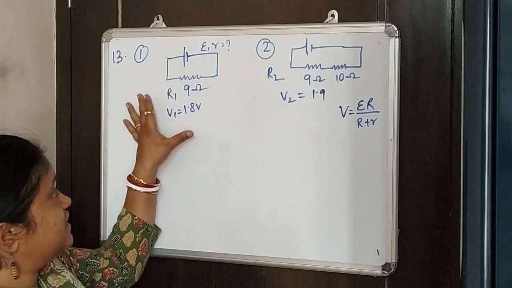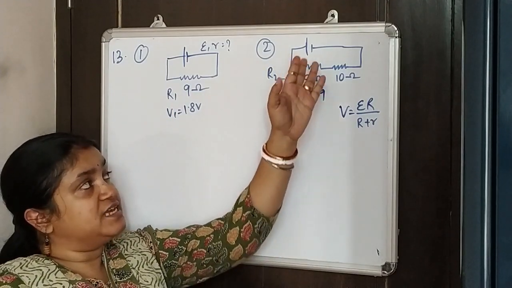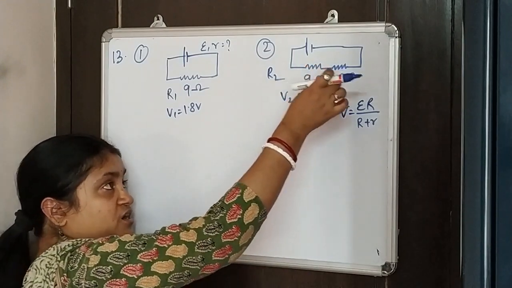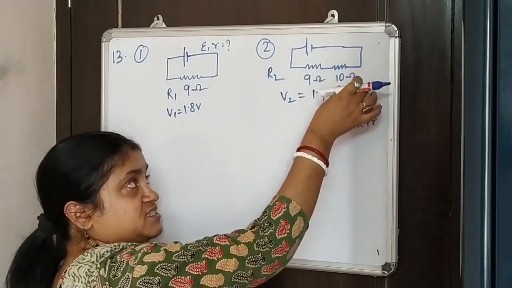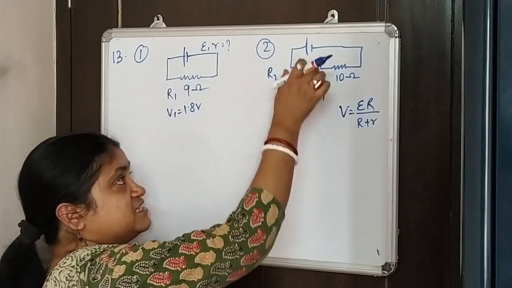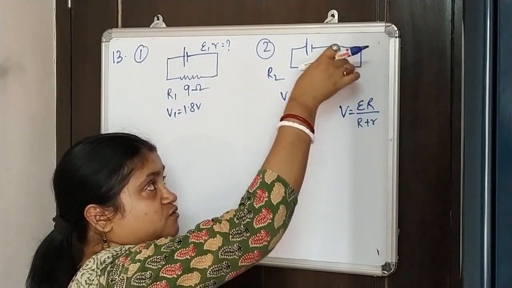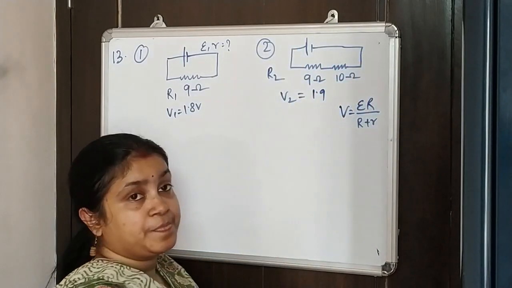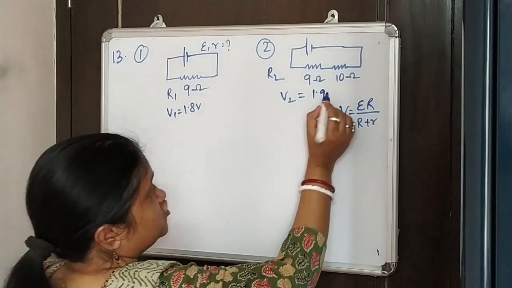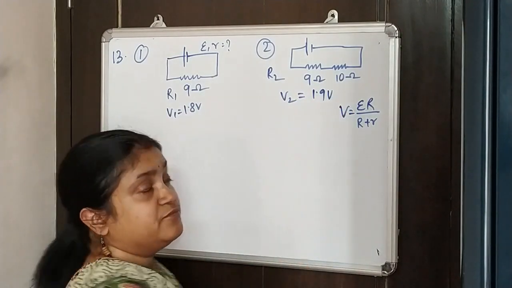So this is the first case. In the second case, now this cell is connected with a 10 ohm resistance in series with the 9 ohm resistance. So previously it was only the 9 ohm resistance. Now another resistance in series is added, and now the voltage drop or the terminal voltage is 1.9 volt, right?